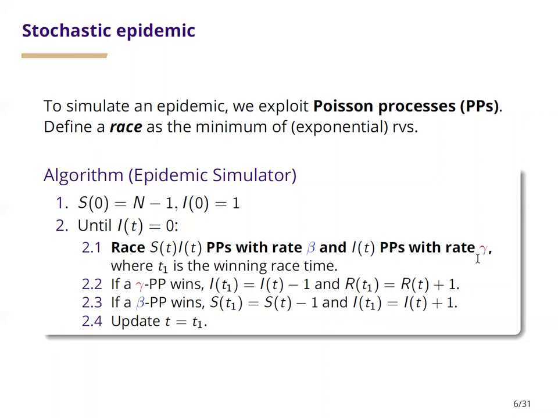These correspond with removals. And we will see which Poisson process between these competing adversarial Poisson processes wins the exponential race. The time in which that winning case happens will be T1. And then we'll update the counts I, R, and S according to if it was a removal process that won or an infection process that won.